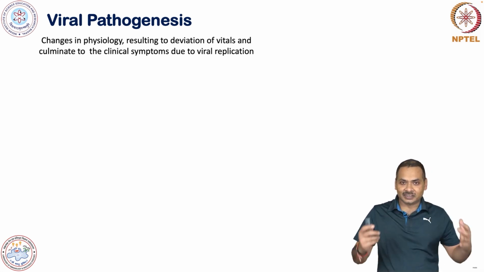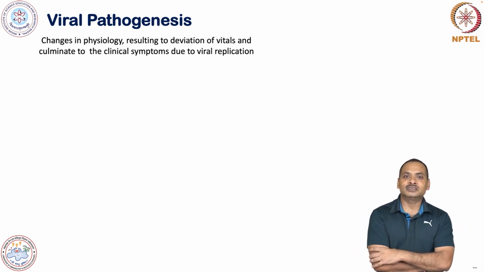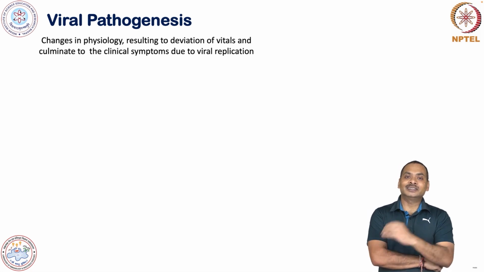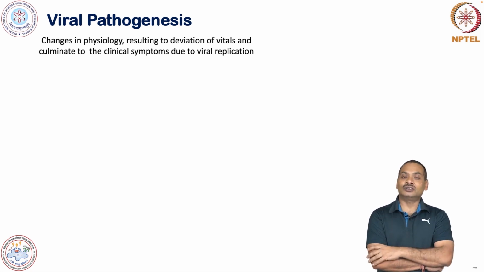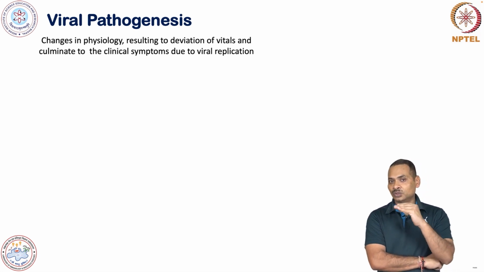How you define the disease is a little interesting. Let the virus replicate, it's no problem. But when they replicate in higher numbers, they change the physiology of the host. They perturb the homeostasis of the host.